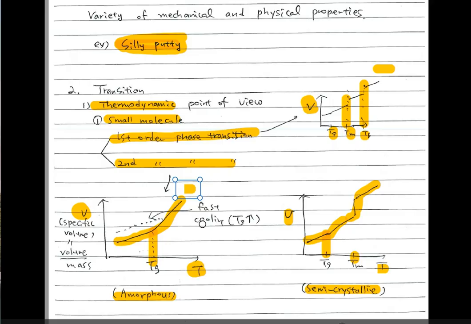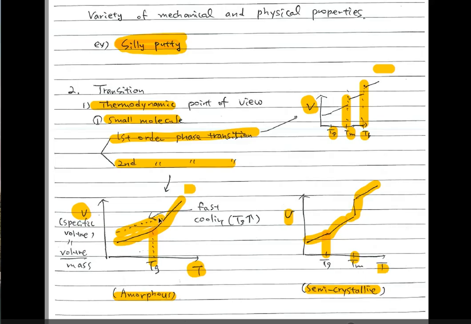But let's assume that you cool at a relatively fast rate. If you cool it at a relatively fast rate, what happens is that it just freezes at a relatively higher temperature here, right? At slow cooling, the Tg was here, right?